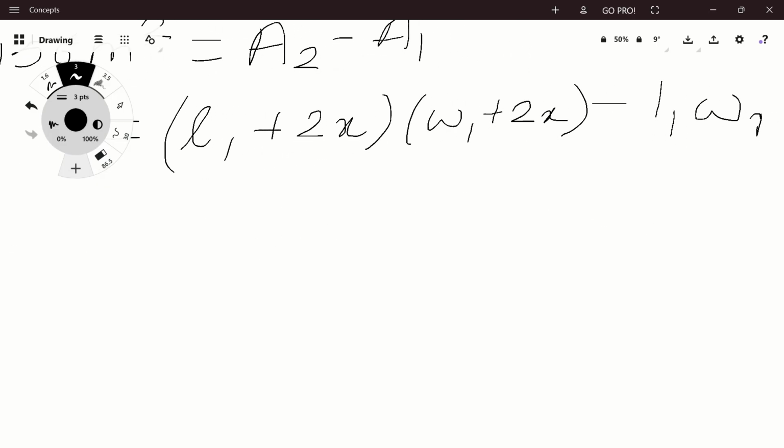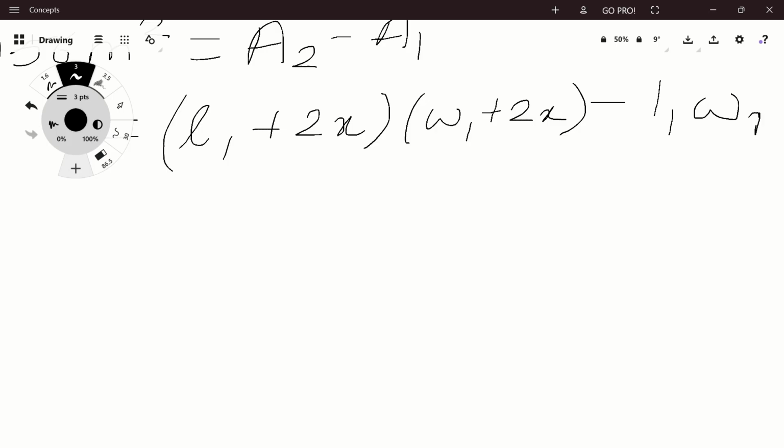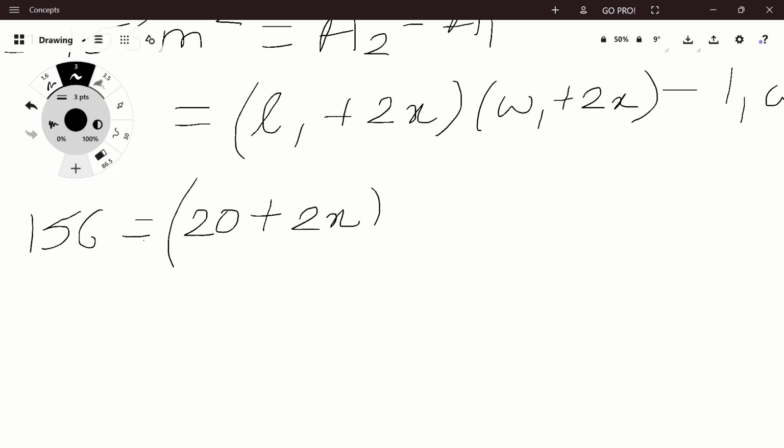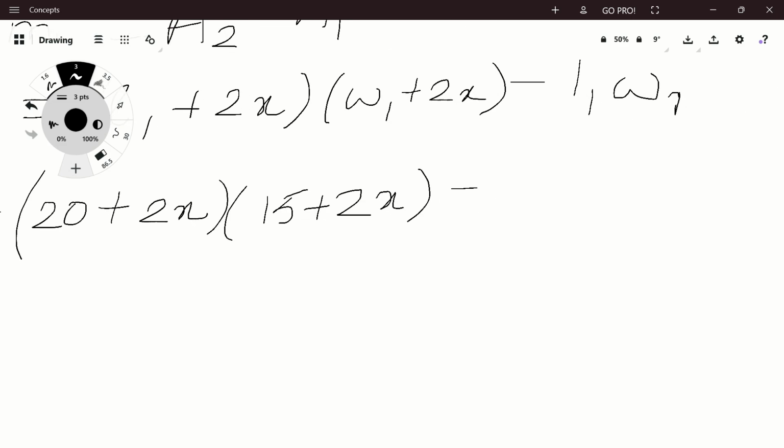Now, substituting the values, we get 156 is equal to 20 plus 2x, 15 plus 2x, minus 20 into 15.